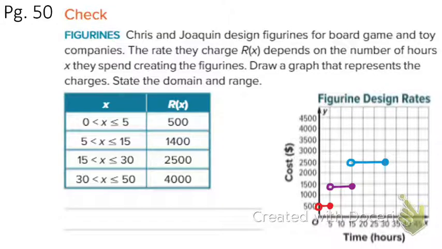So open circle, and this one goes up to 4,000. So this step is at 4,000. So we got a little bit of a jump. We have an open circle on the 30 and a closed circle at the very end, which is 50. And that's your graph. That is how you graph a step function.